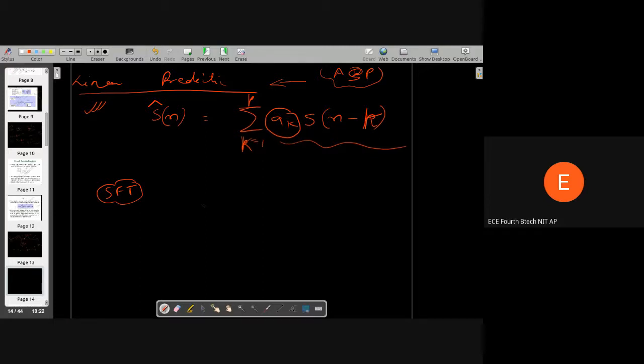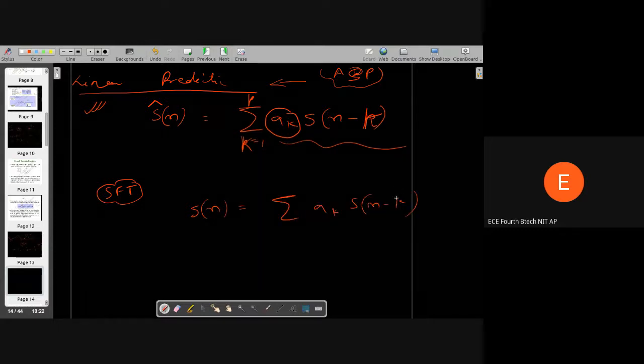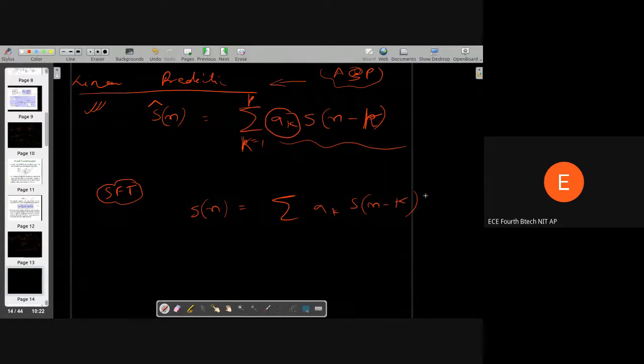From the source filter theory, we already get that we can represent the speech signal as the weighted sum of previous samples plus G u(n). So is there any way now to estimate the values of a_k? If we can estimate the values of a_k, then we have basically found the parameters of the model. We have found what the transfer function of the vocal tract system is.